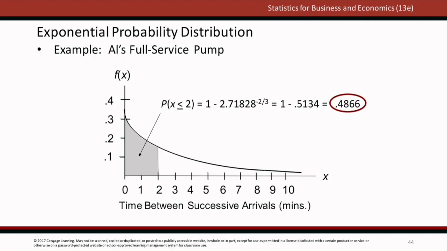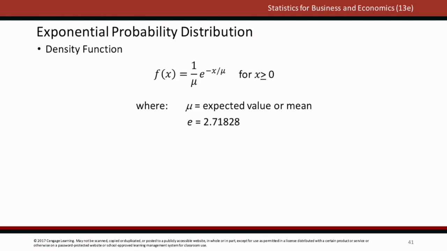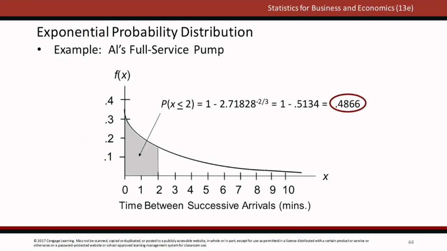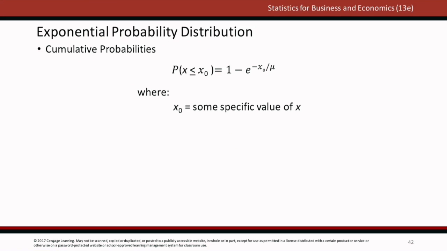If you look at this graph, it is the graph of the probability density function, and what we are calculating is the area from 0 up to 2. This is what this probability is, and this is what this formula is calculating.